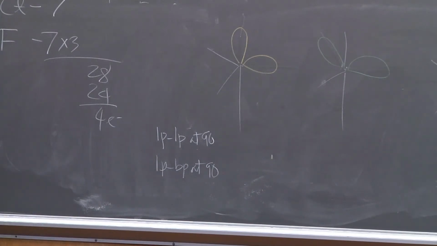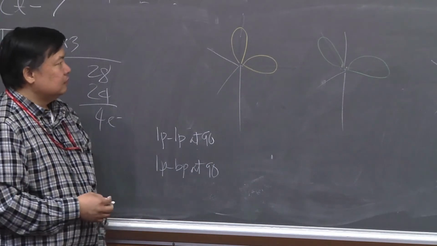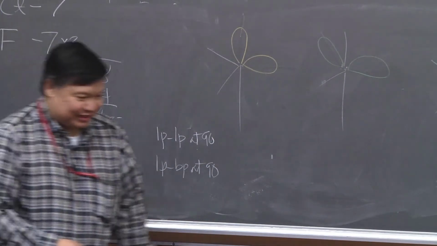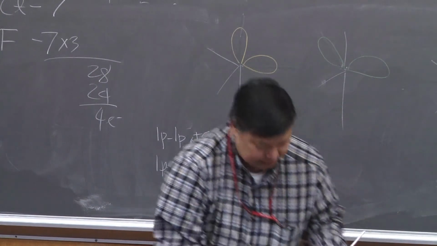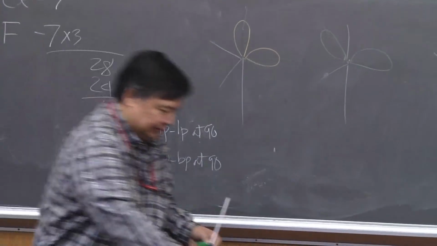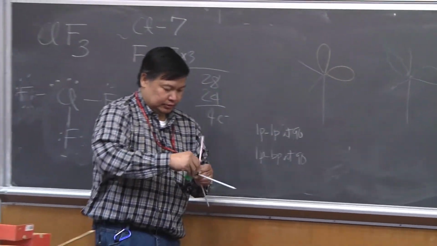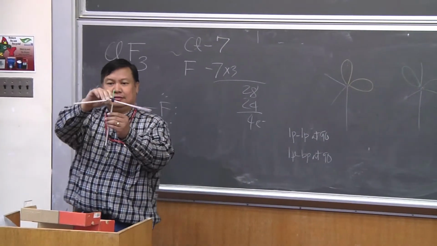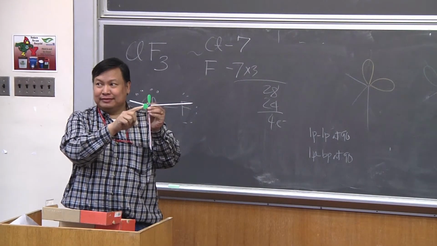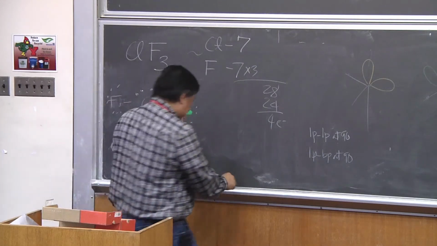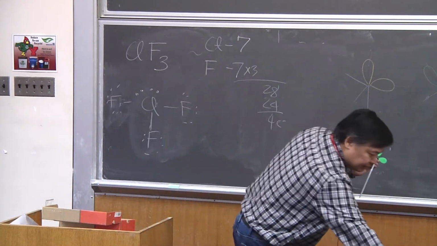So how many lone pairs at 90 degrees do you have in the first example? I think you need to see it again. So there's one lone pair. Agree? So I'm going to say 1 for this one.